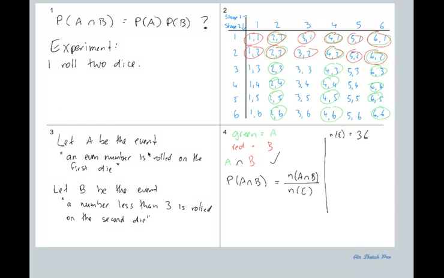There's 6 rows, 6 columns, so it's 6 rows times 6 columns. If it was rolling a die and flipping a coin, that'd be 6 times 2, 2 rows, 6 columns, or vice versa. So just multiplying rows and columns is okay.